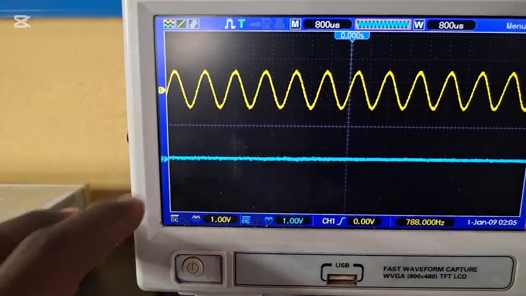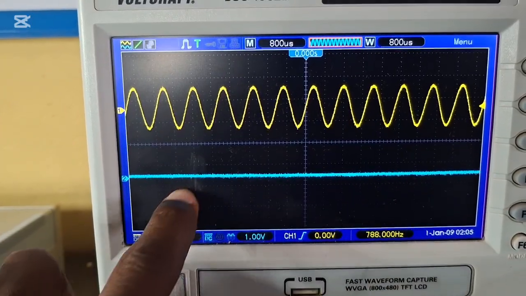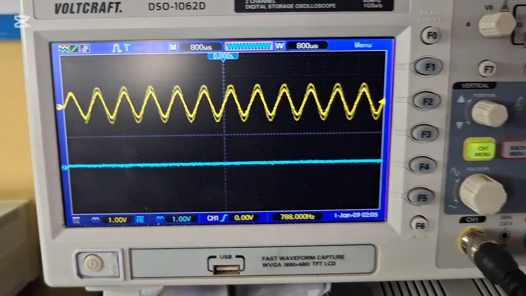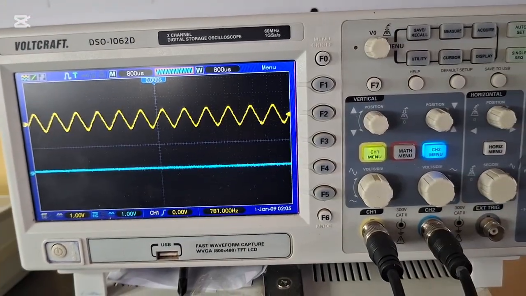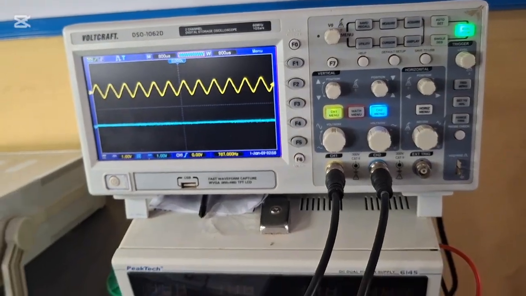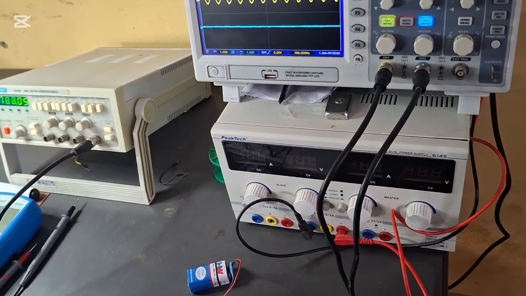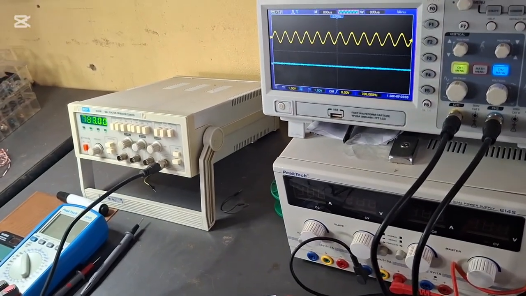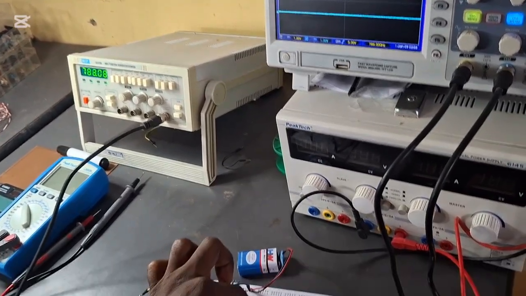Currently there is no output showing in channel 2 because we've not connected the output of the amplifier yet. Channel 2 is going to be used to monitor the output waveform. So let's quickly do that and see what we have.